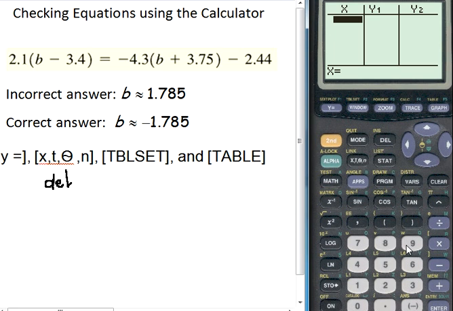But at any rate, I'm going to put the wrong answer in first, and that is 1.785. And when I enter that, I get a left side, y1, which is not at all equal to the right side, y2. The left side is -3 and a fraction. The right side is -26.